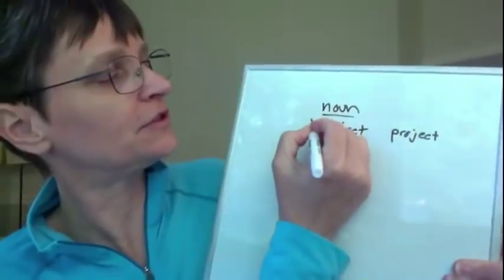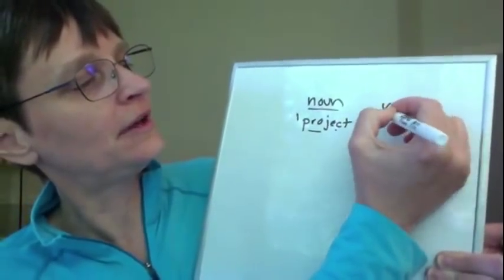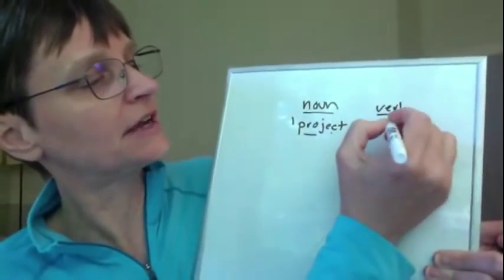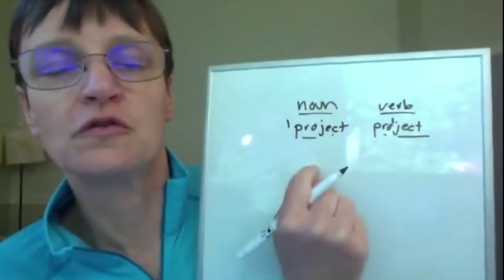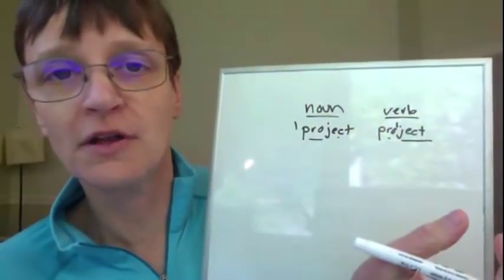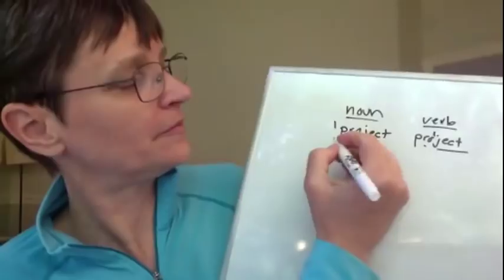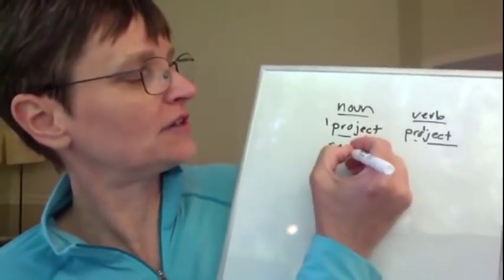It's first syllable stress, project, versus for the verb, I need to project that on the screen. It's second syllable stress. And this is something that holds true for many nouns and verbs that have the same spelling. It's not true for all nouns and verbs, but when it's the same word, we have two different pronunciations usually.